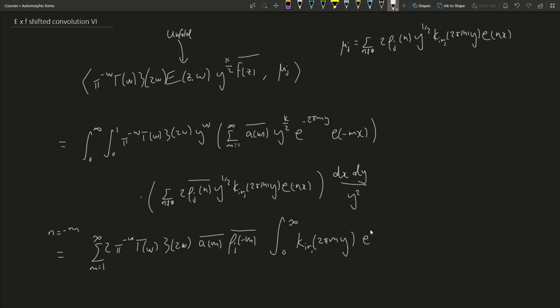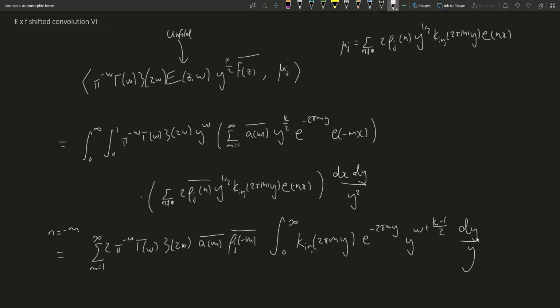And then there's an e to the minus 2 pi m y from this right here. And then we have our powers of y. So it's a y to the w plus k over 2 plus 1/2, and then I'm going to take a 1 from down here. So it's w plus k minus 1 over 2 dy over y.